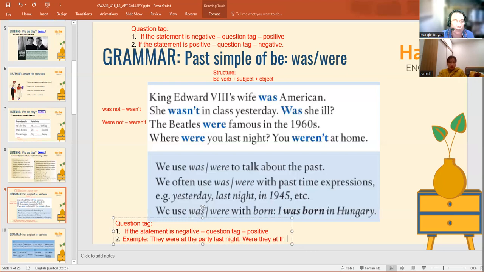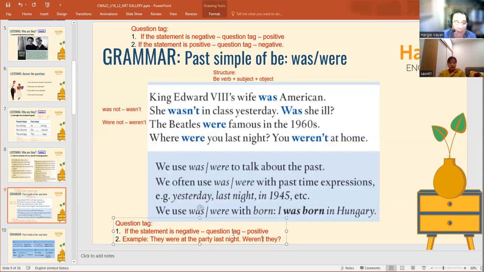Oh no, we will not write that one anymore. So, were they? That would be the question, right? Oh no, it's a positive statement, so therefore we have to say, weren't they? Why? Because it says in there, if the statement is positive, the question tag should be negative, right? So they were at the party last night, weren't they?